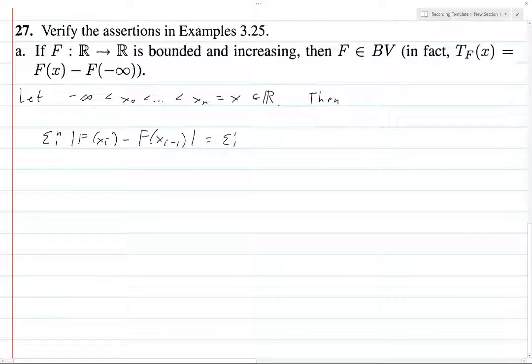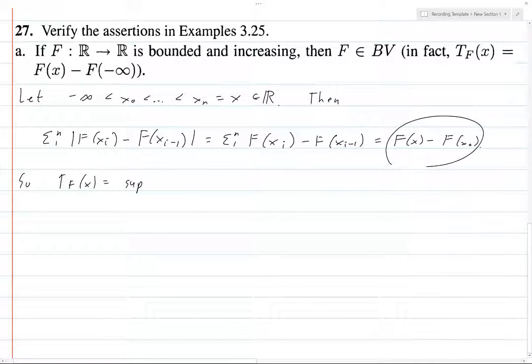This is just a sum of, well, f is increasing, so we can just remove the absolute values. But then by telescoping, this is f of x minus f of x0. So then T of f of x is the supremum over all such partitions of this value.